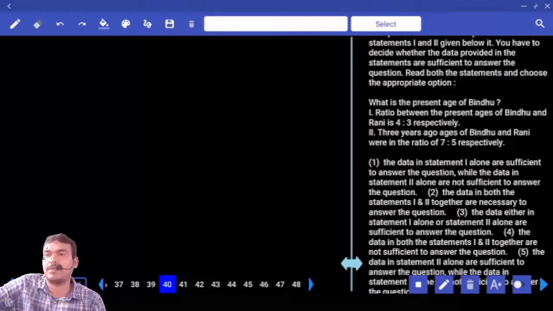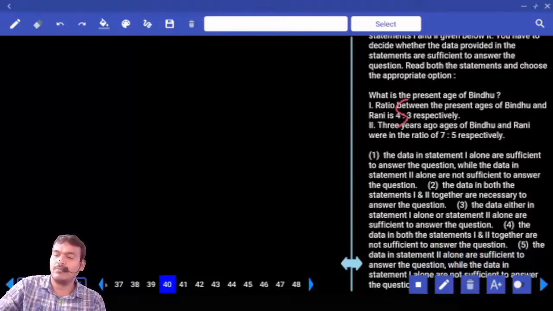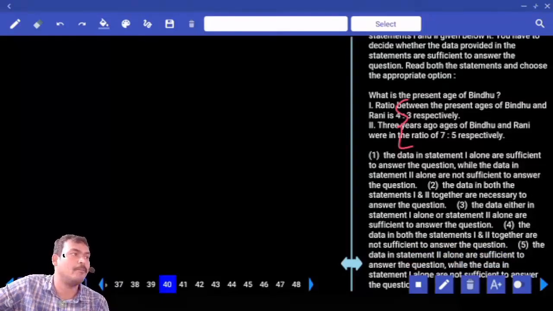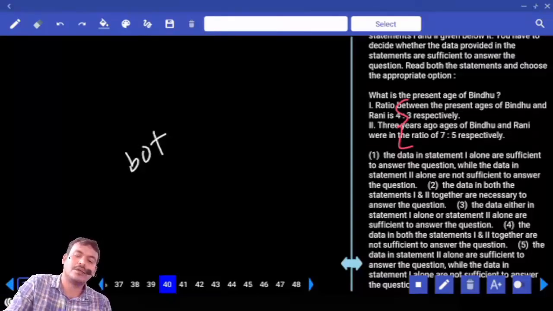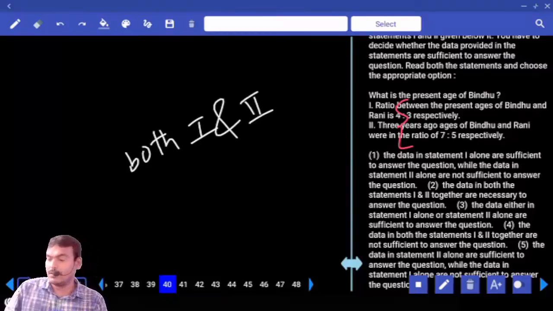In the first statement the present ratio is given. In the second statement the ratio 3 years ago is given, or not. Combining both ratios we get the individual values of Bindu and Rani, or not. Then answer: both 1 and 2 together are sufficient to answer the question, or not. Which option? Second option.